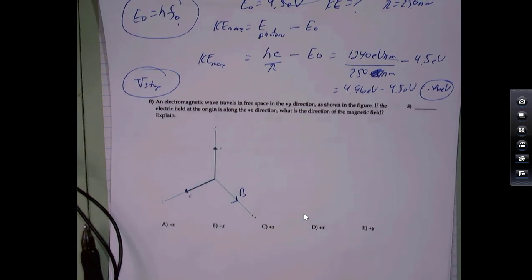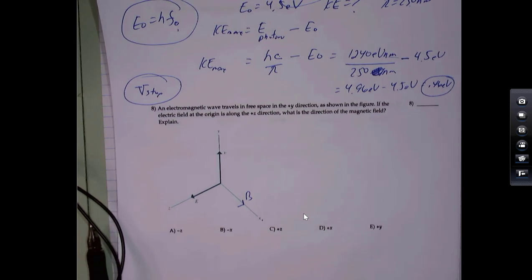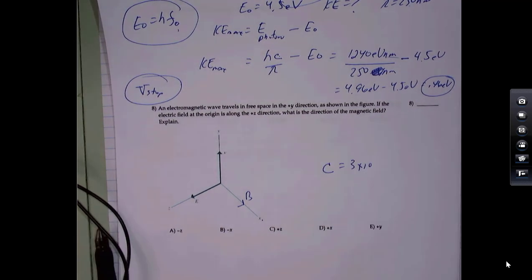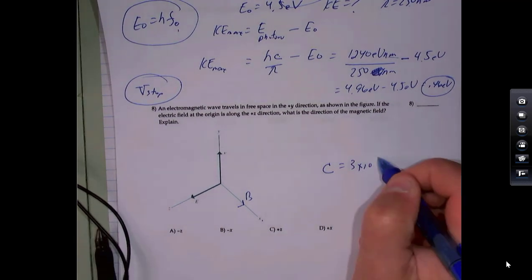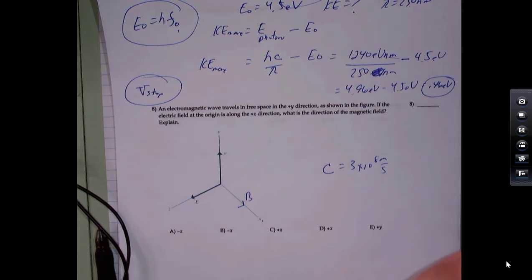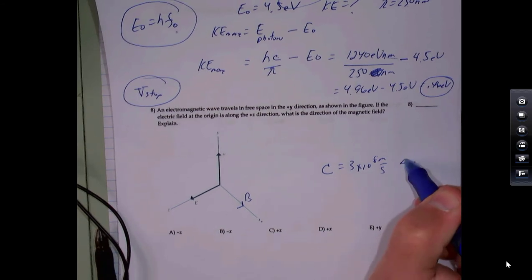That's the direction that it actually travels. The other thing to remember is the speed of light: 3 times 10 to the 8th meters per second. It doesn't matter what type of electromagnetic wave it is, radio waves, X-rays, gamma rays, visible light, they all travel at the same speed.